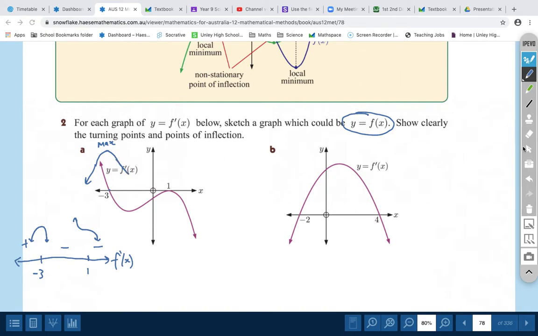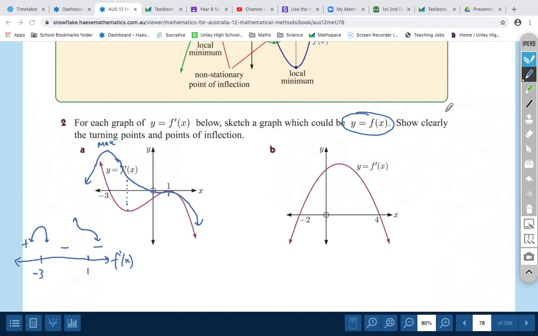So this is concave down to about here, and then it starts going concave up, and then flat, and then down again. And that could be my stationary point of inflection. Now, maybe it's higher up, maybe it's a little bit lower down. I don't know, and it doesn't actually matter.